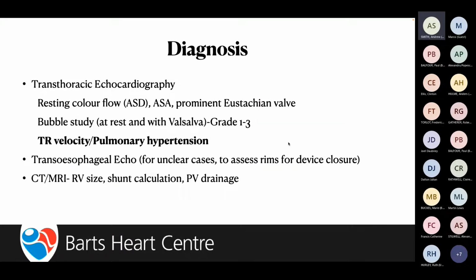I'm sure you're all very familiar with this, but the cornerstone of diagnosis of ASD and PFO is transthoracic echocardiography. In an ASD, you look for resting color flow across the atrial septum. You also might look for some associated abnormalities, particularly with PFO. So an atrial septal aneurysm, it's important to be aware of that, particularly if you're doing TOE.